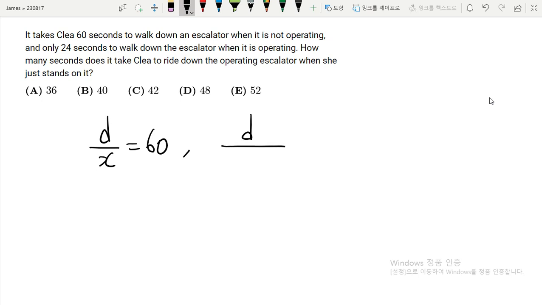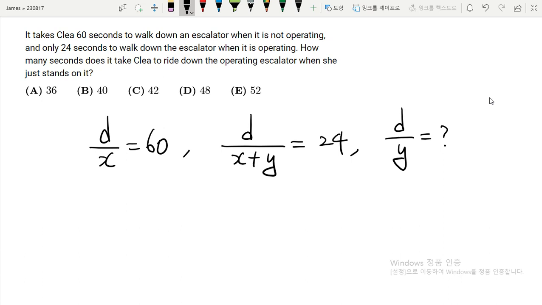And when the escalator is operating, we are adding the escalator's speed to the walking speed, and that's 24. And we want to find the escalator speed alone. How long does it take? So we want to find this d over y.